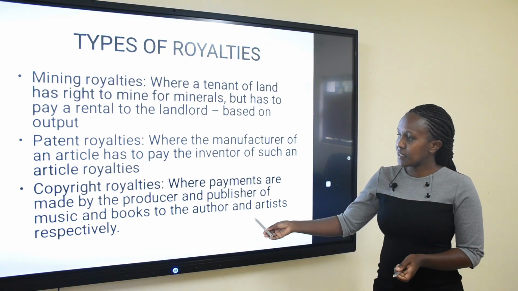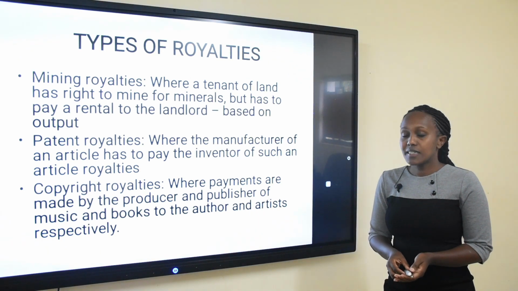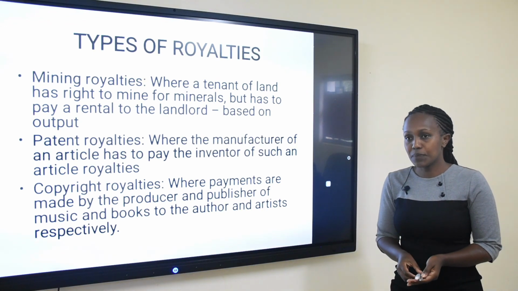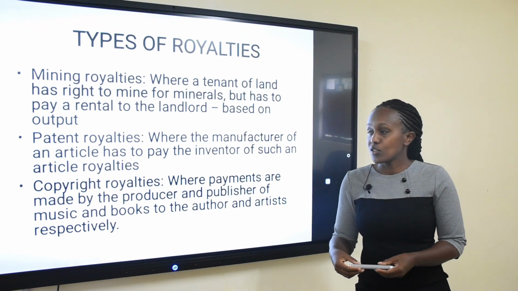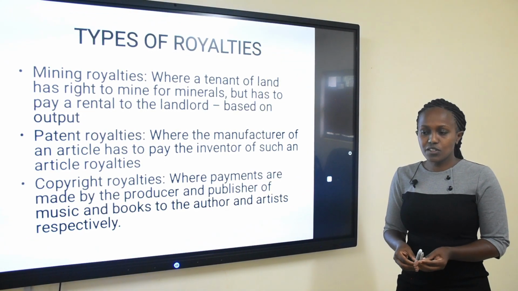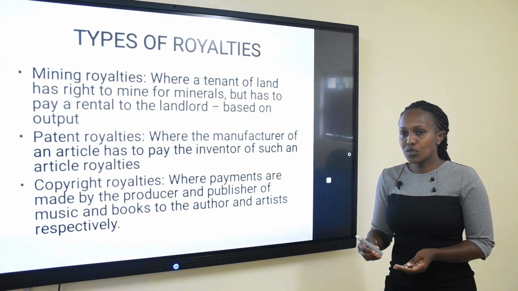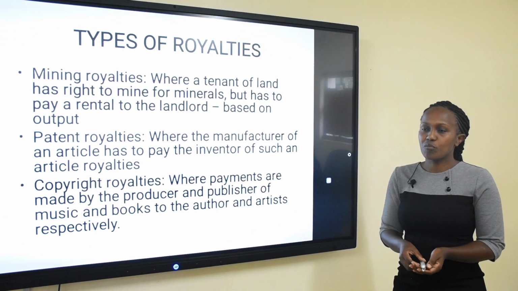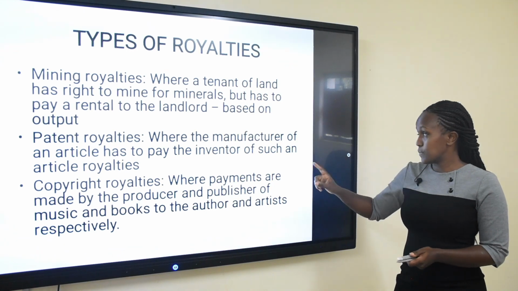Also, we can have copyright royalties, where these are payments that are made by a producer or a publisher to the owner of either the music or the book respectively. So these are the types of royalties. So basically royalties result from a right to use an asset that does not belong to you. Therefore, you have to give the owner of the right an amount of money from the sales or from the output, which we are calling here royalty.